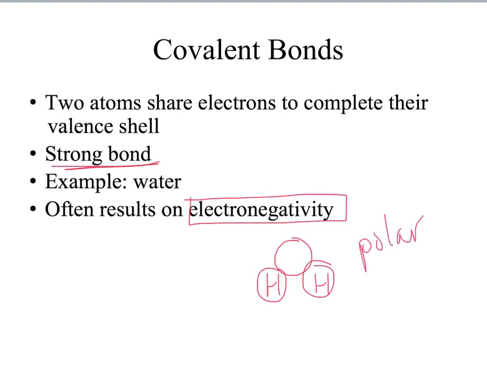A polar molecule is one where areas of the molecule have a negative charge and areas of the molecule have a positive charge, so we call it polar. That is what we refer to as electronegativity. And oxygen is a very electronegative atom.